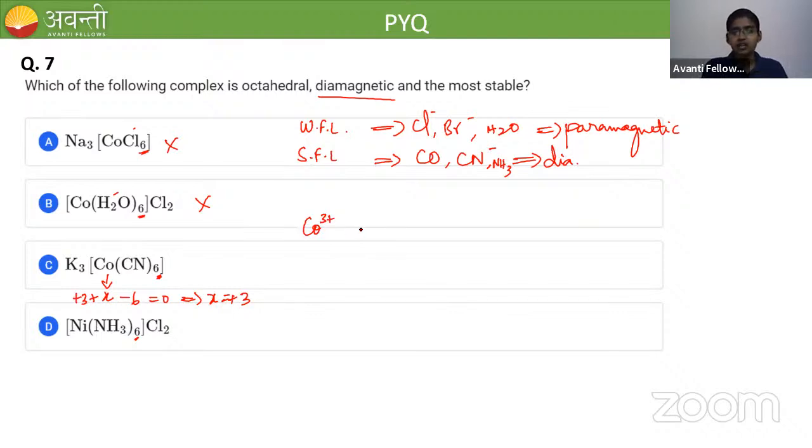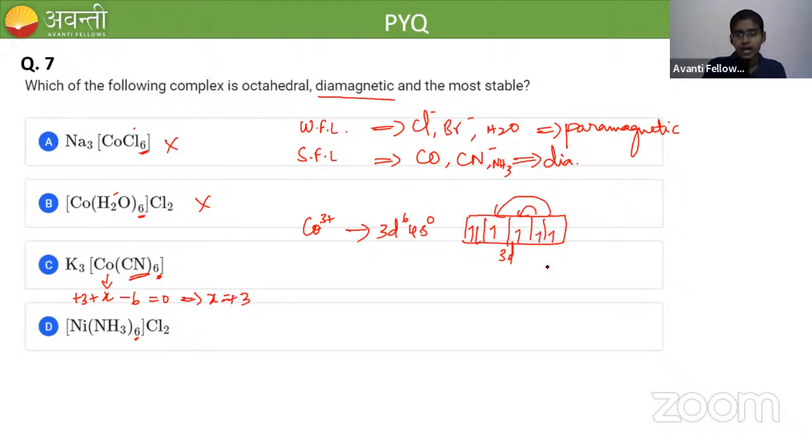Now if 3 electrons are removed, the configuration is 3d6 4s0, right? In the d orbital we have 6 electrons. Since cyanide is a strong field ligand, the electrons are going to get paired up, and there will be no unpaired electron in the system. N will be equal to 0. If N is equal to 0, the magnetic moment is equal to 0. So the system is diamagnetic.